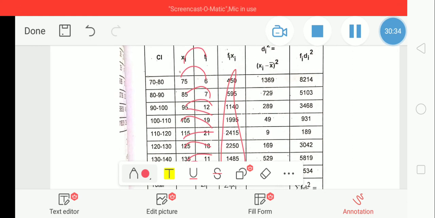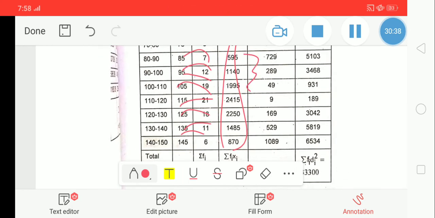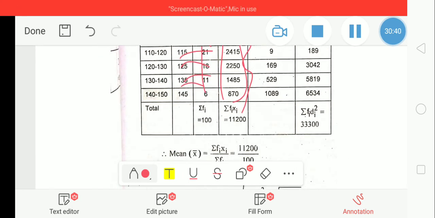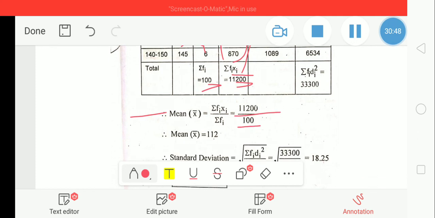Now the sum of fi is 100, and the summation of fi xi is 11,200. Now find the mean. So 11,200 divided by 100 means the mean is 112.